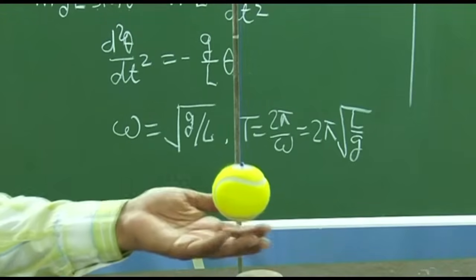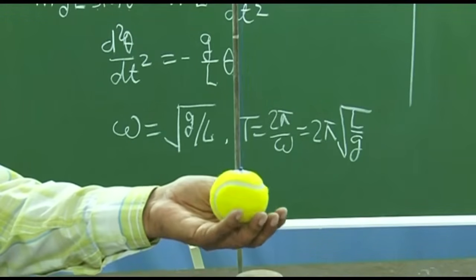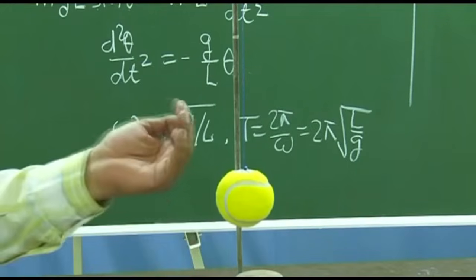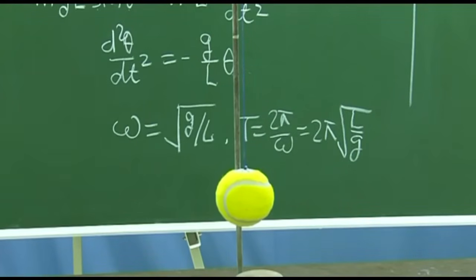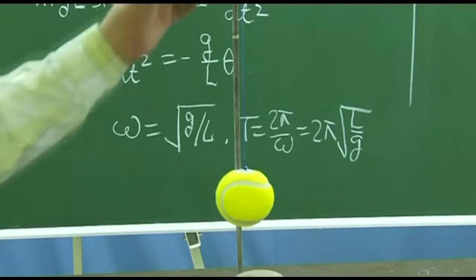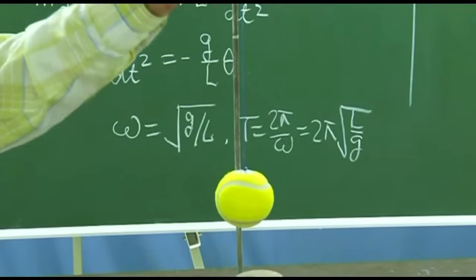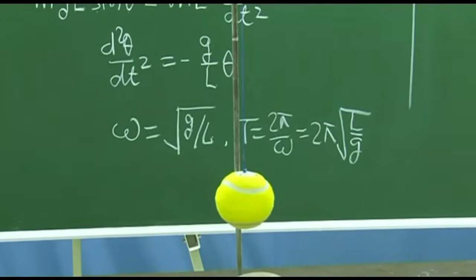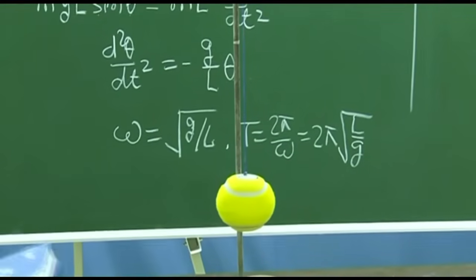Let me stop it and displace it in the perpendicular plane. So, you have a vertical plane made by this rod and this thread in equilibrium position. Perpendicular to that, I will displace it and see what happens.